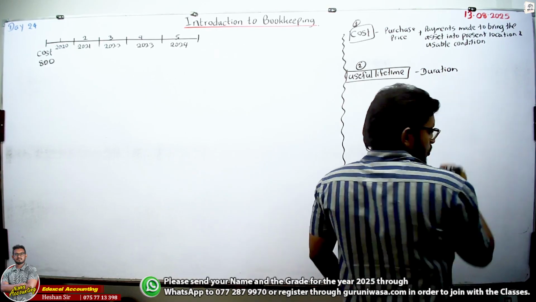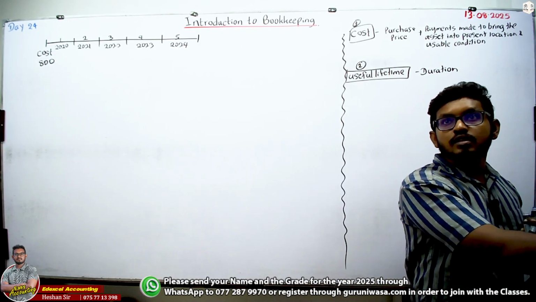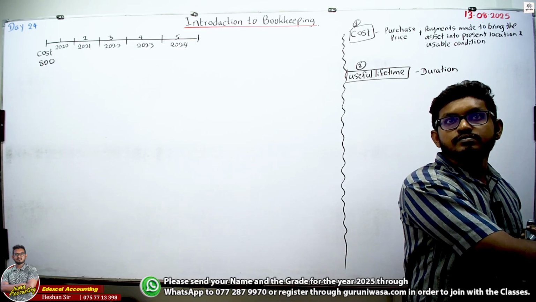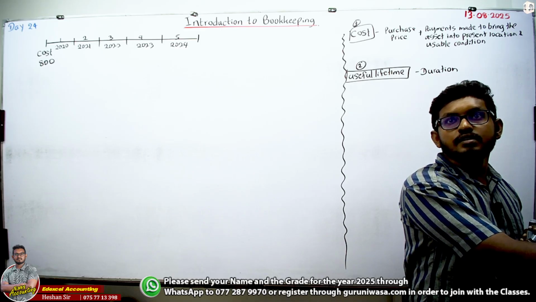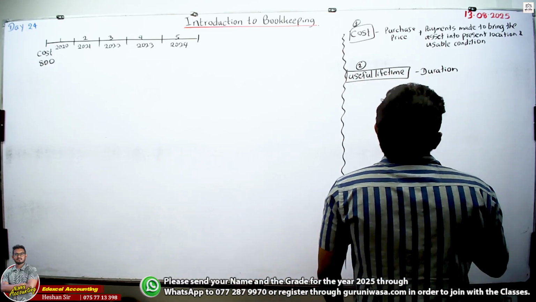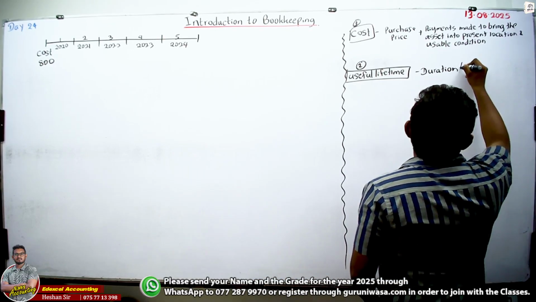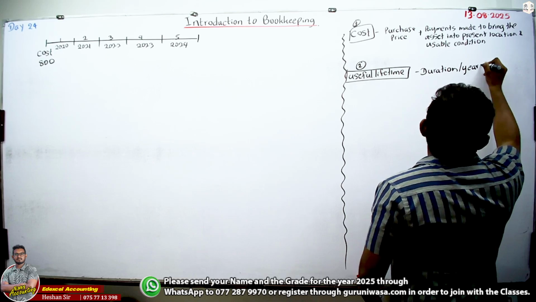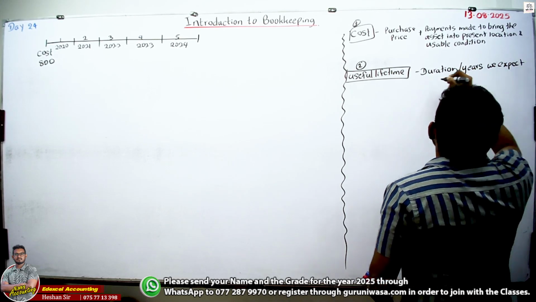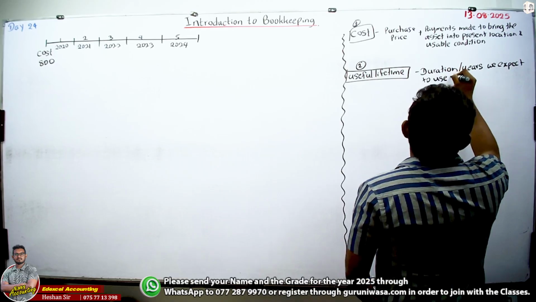So simply, useful lifetime is the duration in years we expect to use the asset.